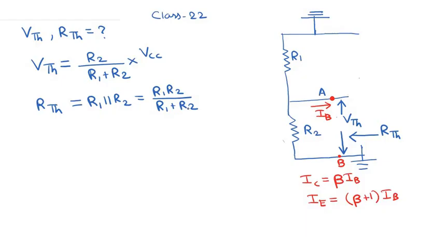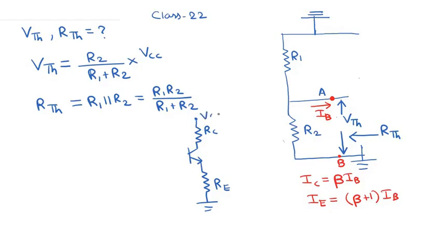So we have found out Thevenin's voltage VTH and Thevenin's resistance RTH. Now, how does my equivalent circuit look? Note that nothing has changed at the collector end because we just wanted to find out the base current. So we have RC over here, we have this transistor, and we have this emitter resistor RE.